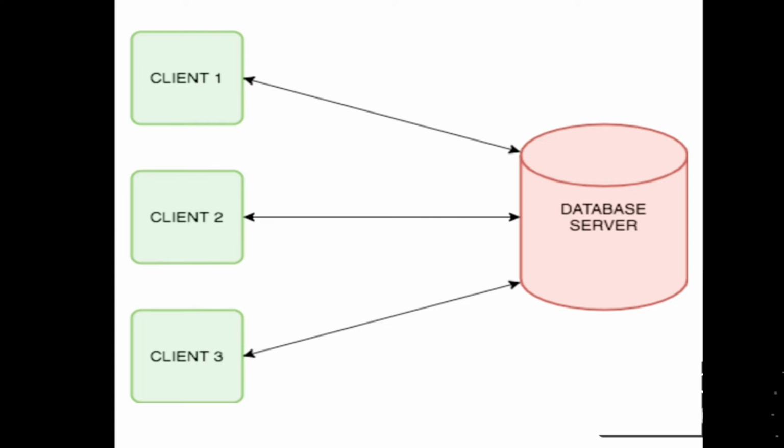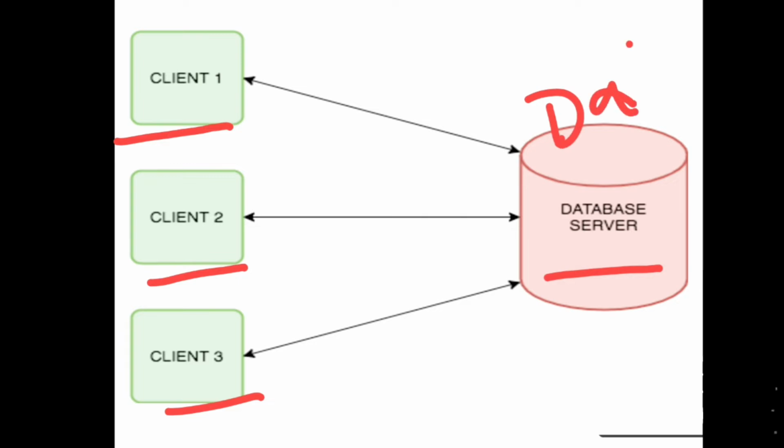So here we have these three computers. So these are the client computers. And on the other hand, you can see there is a server computer. Now what happens is the whole data is here in the server computer. And to manage this data, a software is used here which is DBMS.